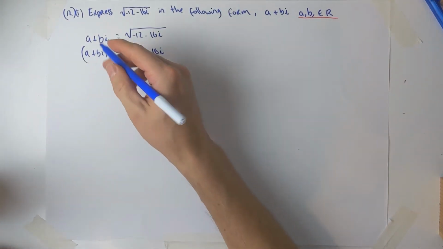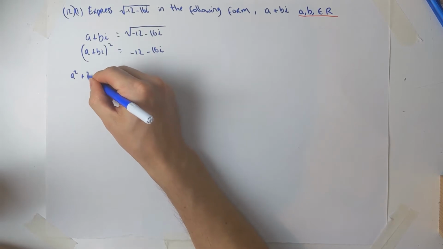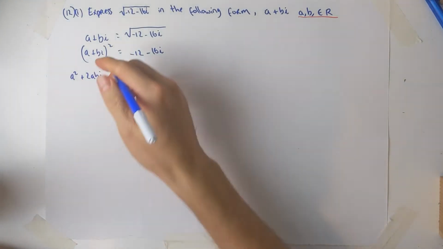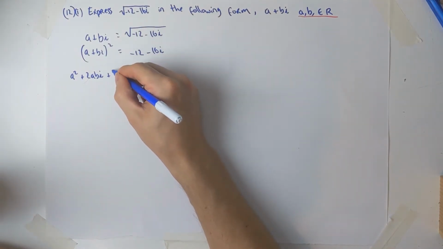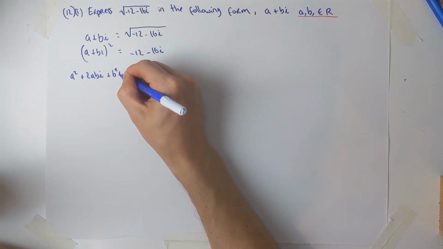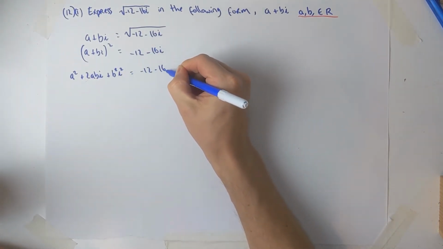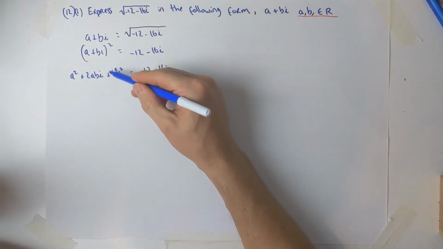So square out your left hand side, you get a squared, twice the first by the second, plus 2abi, and square the last, you're getting b squared i squared. Now, i squared is minus 1, so it's really minus b squared.